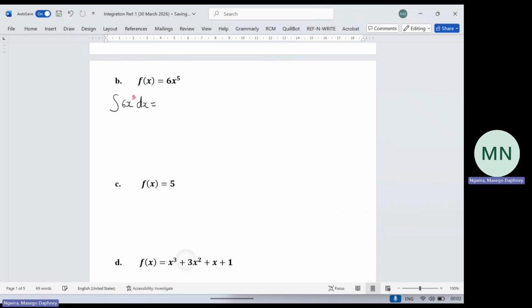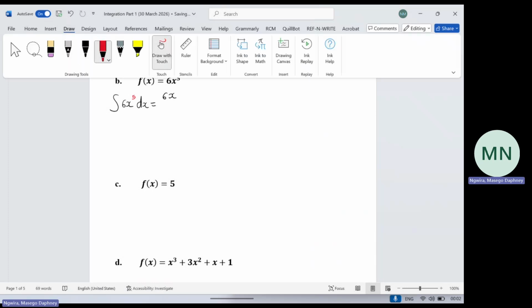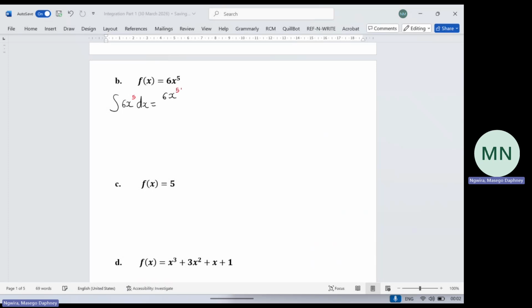So this will be 6x to the power of 5 plus 1. We always add the 1. With differentiation, we say minus 1. So it's 5 plus 1, over 5 plus 1. Don't forget to say plus c.